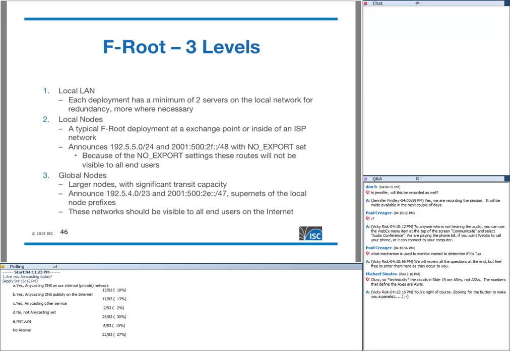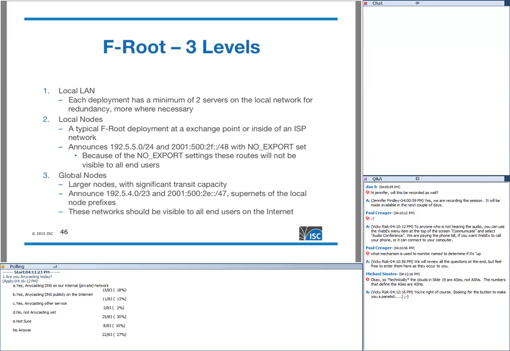There's a BGP community attribute called the BGP no export community. What that does is, when we send that, it signals our peers to not send that prefix beyond their boundaries. So only our peers see it. It does not get sent farther downstream. This is an attempt to keep traffic at these local sites local. And then anyone that does not peer with a local site will see the global prefixes.